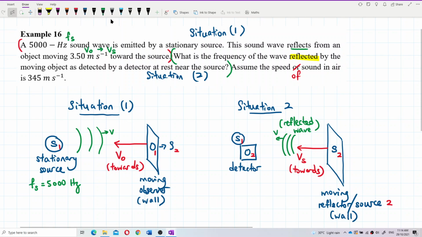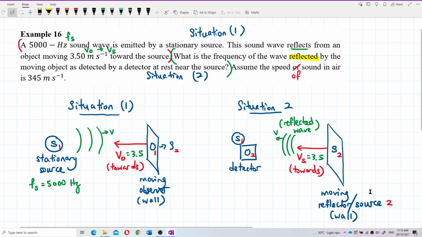This VO last time was 3.5. Now the VS is also 3.5, because the moving observer has now become the moving source. Why did he become the source? Because in situation 1 he received the wave from source 1, that's why he was a moving observer. Now he reflects the wave, so he becomes the source.